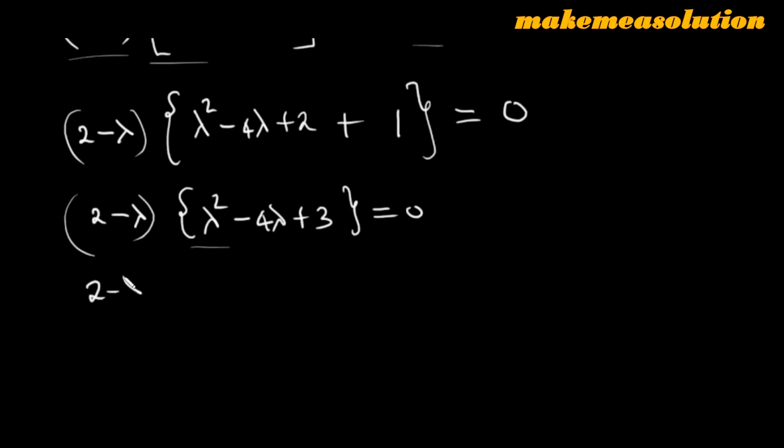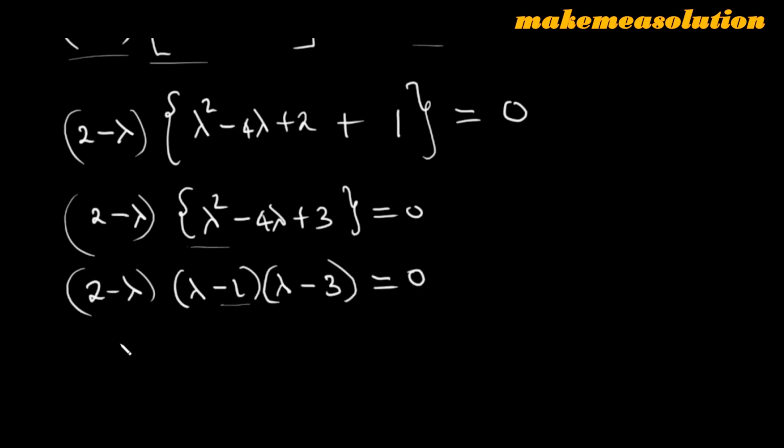This is 2 minus lambda, and if you factorize this properly, you're going to get lambda minus 1 and lambda minus 3, because you're looking for two terms that when you multiply, it will give you plus 3, and when you add, it will give you negative 4, and those two terms are minus 1 and minus 3, okay, equal to 0.